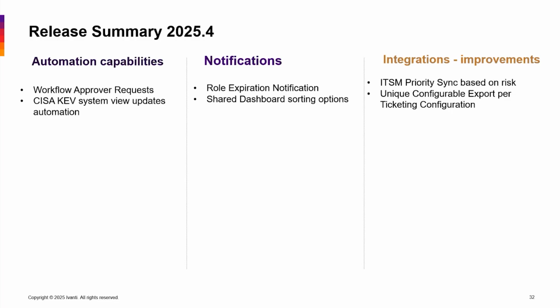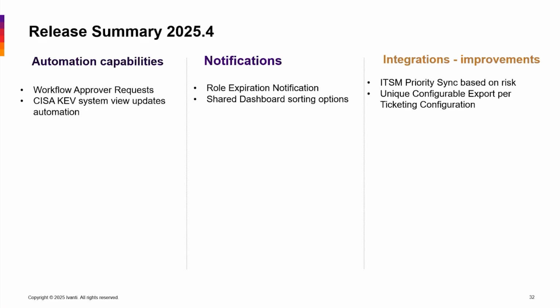I'll be showing you shortly how this looks. This gives users the ability to configure and dynamically assign priority to the tickets based on risk metric, the service, or a static value.